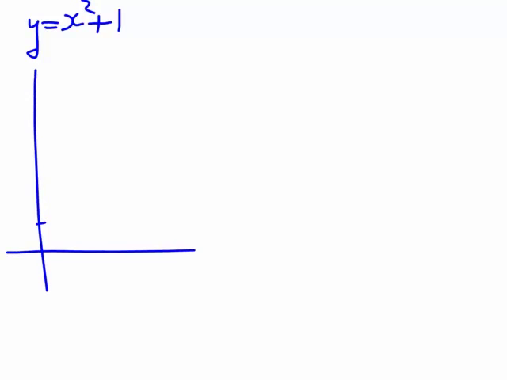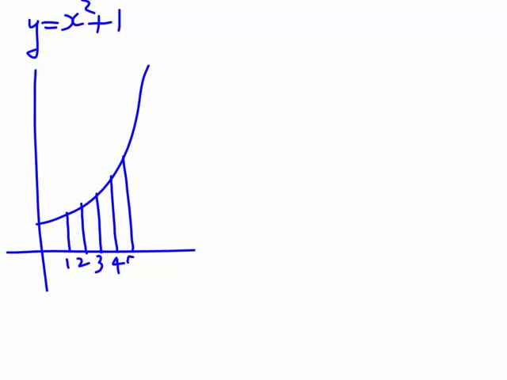We're going to have a look at y equals x squared plus 1, like I did in a previous video where we used Simpson's rule, and let's use the trapezoidal rule on this. Let's quickly draw it up again. We know it's about like this, with x values 1, 2, 3, 4, 5, 6, 7.